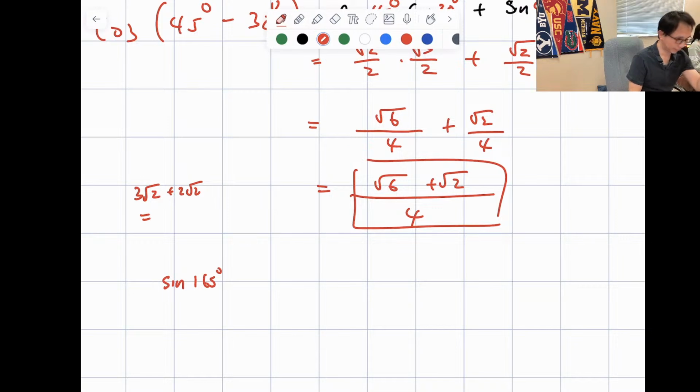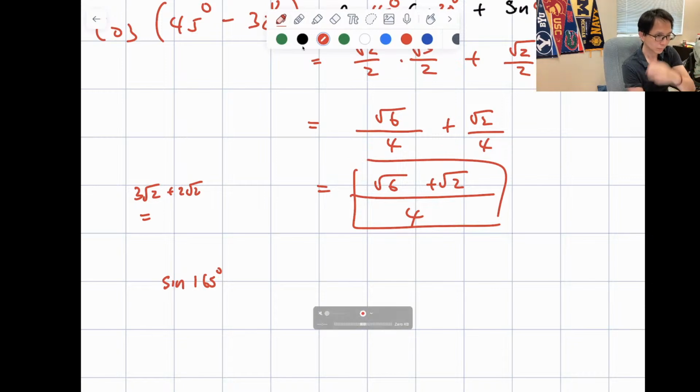Sine of 165. So you still have to know all your unit circle values.